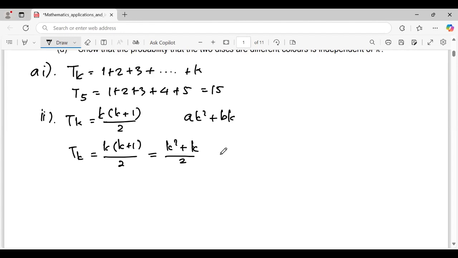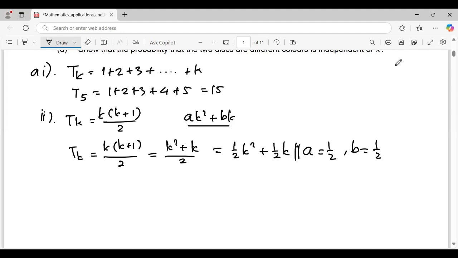And then split this term like this: 1/2 k squared plus 1/2 k. If we compare with this form, it means a equals 1/2 and b equals 1/2.